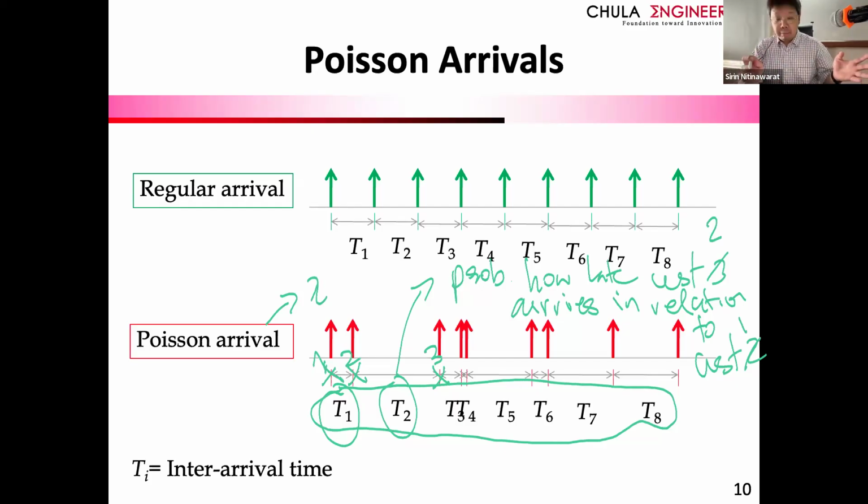Probabilistically, it should be the same. So what can I conclude from this? The marginal distribution of T2 should be exactly the same as the marginal distribution of T1, and they should be independent, right?